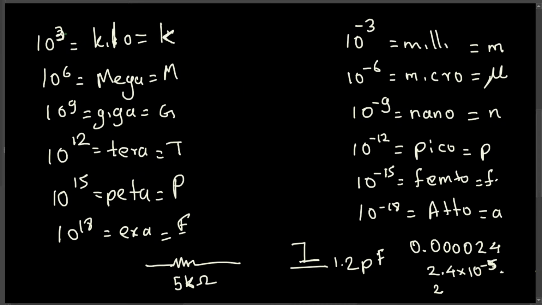Here we have 3, 6, 9, 12, 15, 18, and in the negative values, negative 3, negative 6, negative 9, negative 12, negative 15, negative 18. So you have to see if the power is a multiple of 3. If it's not, you can change it into a multiple of 3. Here we have 2.4. If I write this as 24, then I can write this as 10 to the power of minus 6. Now, instead of 10 to the power of minus 6, I can say micro, right? So that's what you have to know.